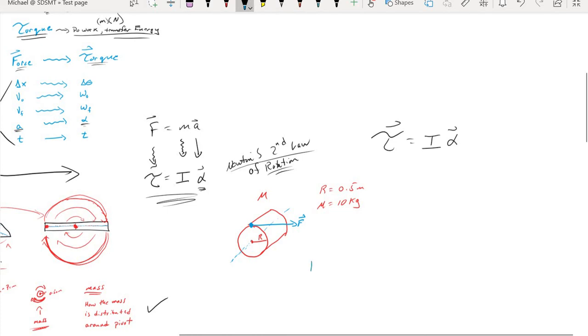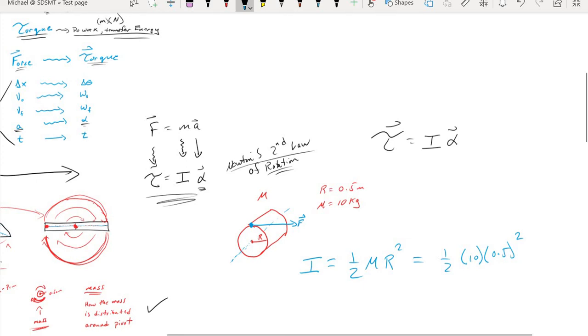But we have an inertia that is equal to 1/2 the mass times the radius squared. So let's just go ahead and get a number for that right now. We have 1/2 the mass times radius squared.